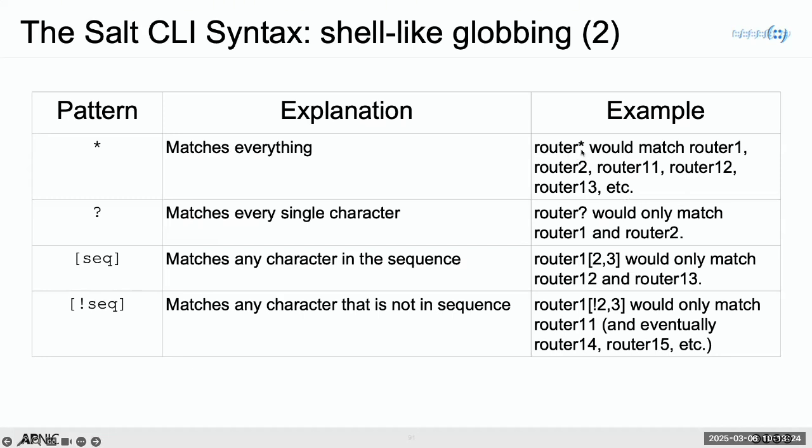You can see router asterisk would match router 1, 2, 3, 4 and so on. If you do not want to match router 2 and 3, and you just want to match router 2, then you can specify not 2, and it will not match router 2 and will match the others. So whoever starts with 2 will not be matched in this case.